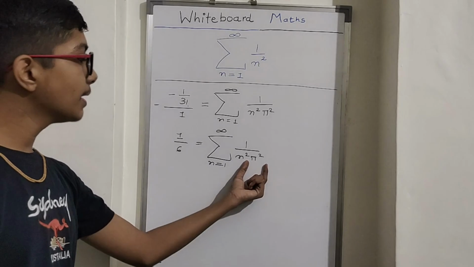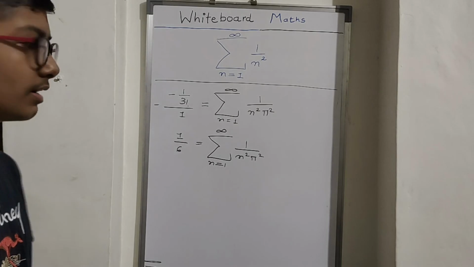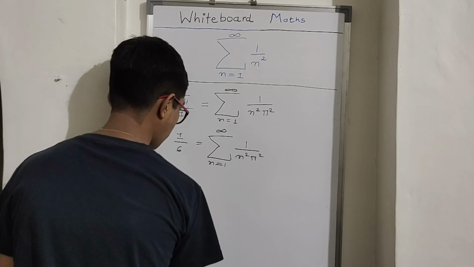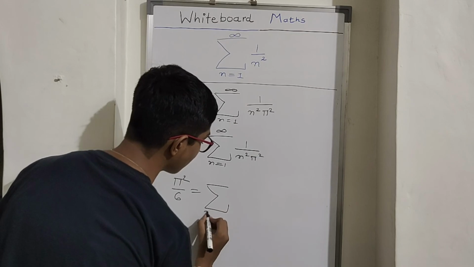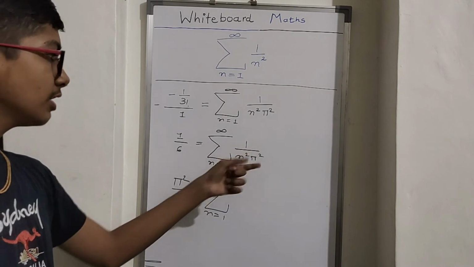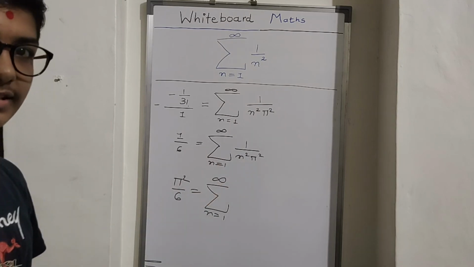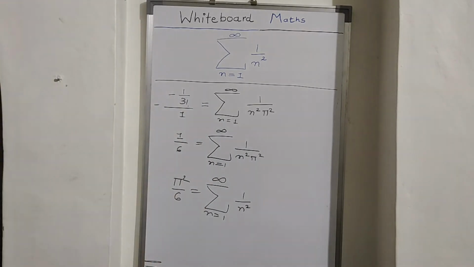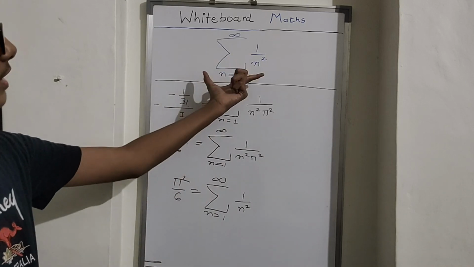So the pi square here is a constant, so we could multiply both sides by pi square, and we will get pi square over 6 equal to, if you multiply here pi square, the pi square in the numerator and the pi square in the denominator will cancel each other, and so we would be left with 1 divided by n square, and this is exactly the answer that we wanted.